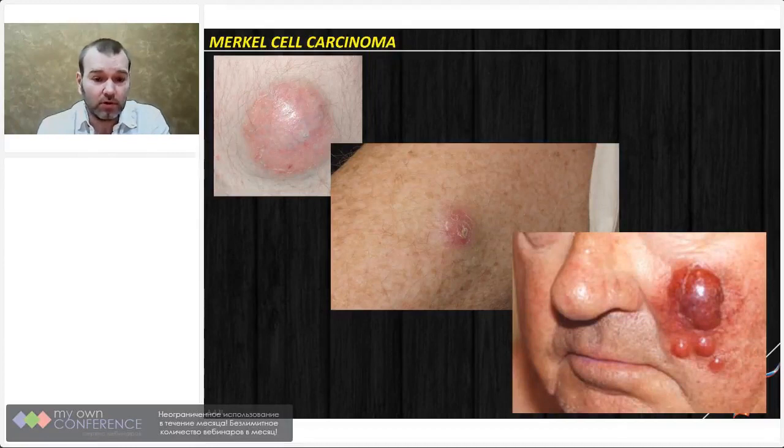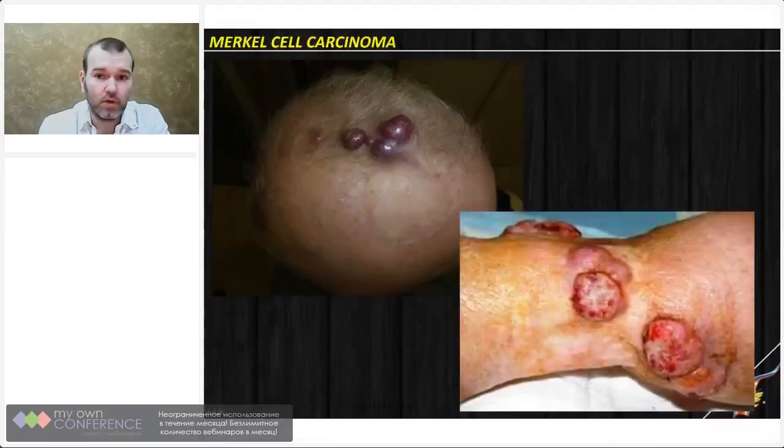So this is a photo of Merkel cell carcinoma in different locations. Of course, they can have different number, different severity, but in general, initially it looks like small reddish branches, but with time it will grow and the size of that growth will enlarge.